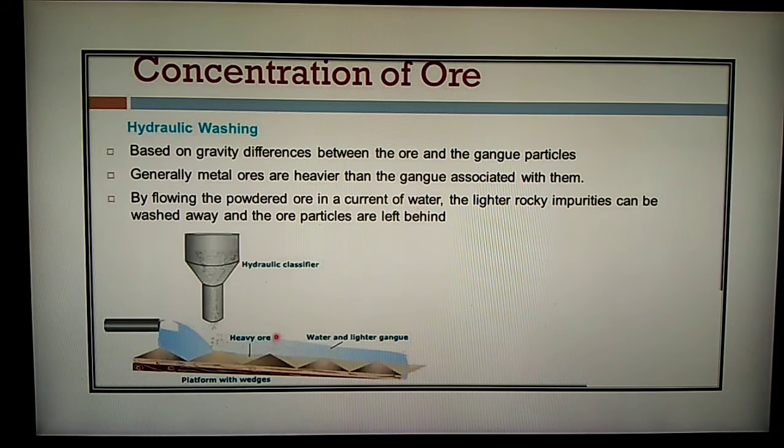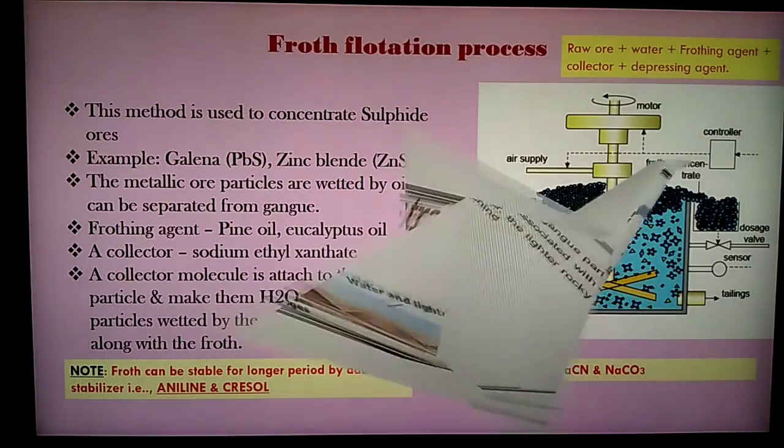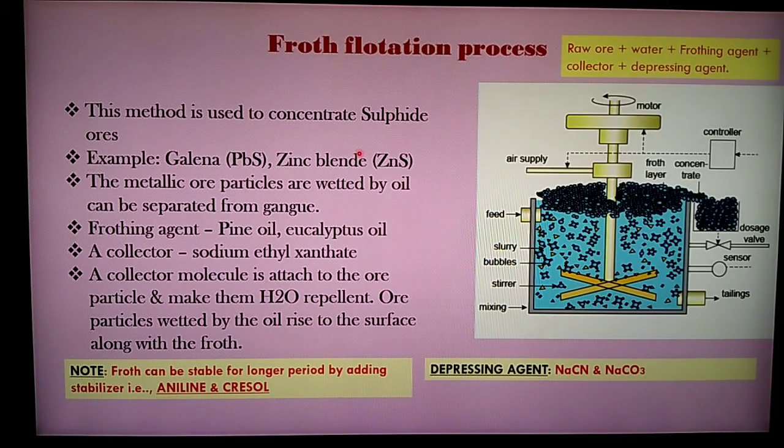Our ore is the heavy ore, so the heavy ore settles between the two wedges, in the groove. So between the two wedges only the heavier ore is present, but the light gangue is washed away by the running water. So this is the hydraulic washing process or gravity separation process. This process is only applicable for oxide ores. Next one. Another concentration method is froth flotation.